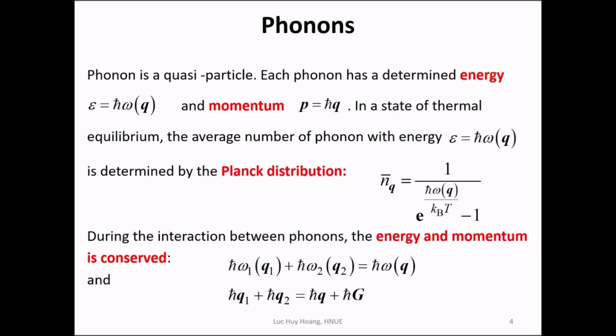When phonons interact with each other, the energy and momentum are conserved. Conservation means, if phonon number 1, q1, interacts with phonon number 2, and we get phonon number 3, this will be conserved.